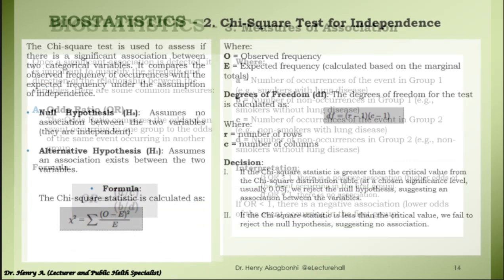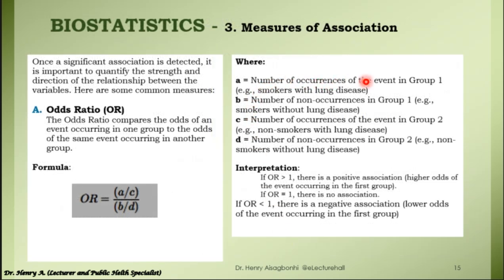It's very important that you have an idea of that. A, number of occurrences of the event in group 1. Example, the smokers with lung diseases. B, number of non-occurrences in group 1. Example, smokers without lung disease. Now C, number of occurrences of the event in group 2. Example, non-smokers with lung disease.